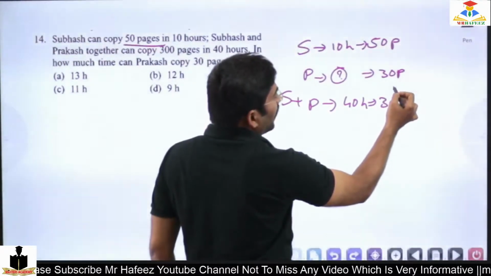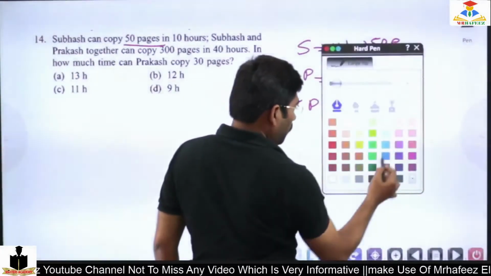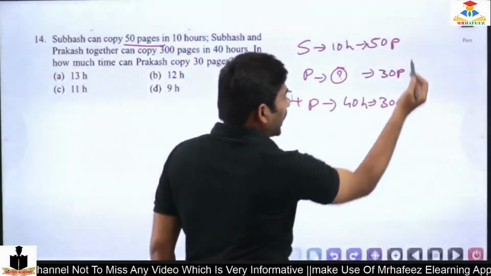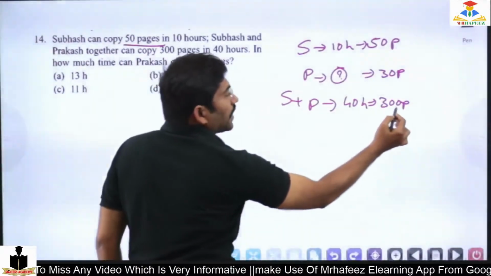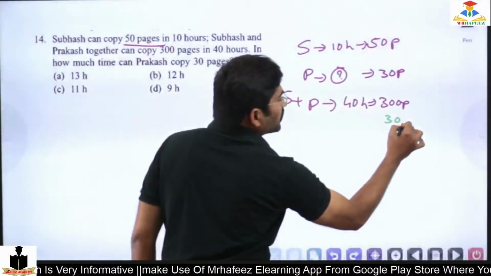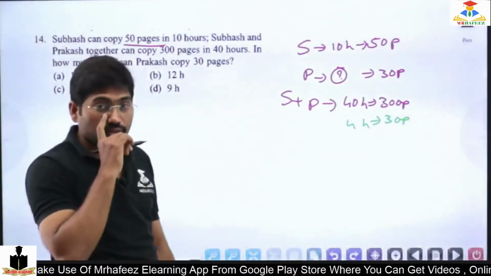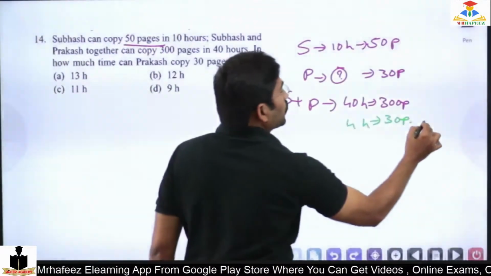I can consider 300 pages in 40 hours as 30 pages in 4 hours. Now these two, 30 and 30, are equal.